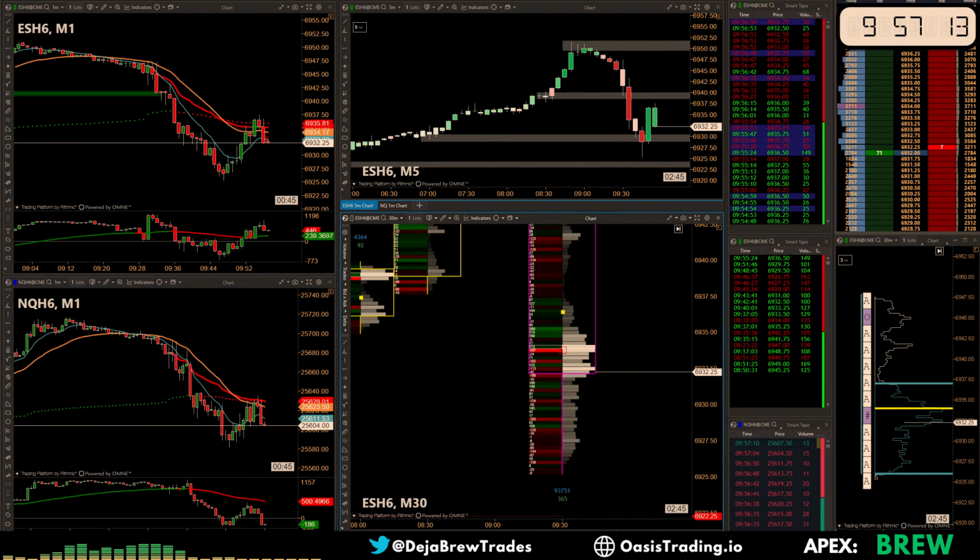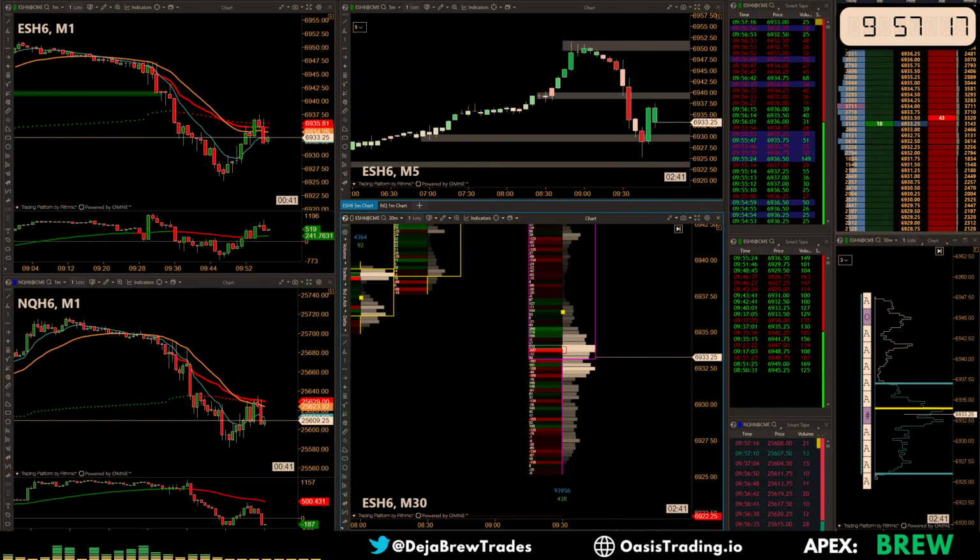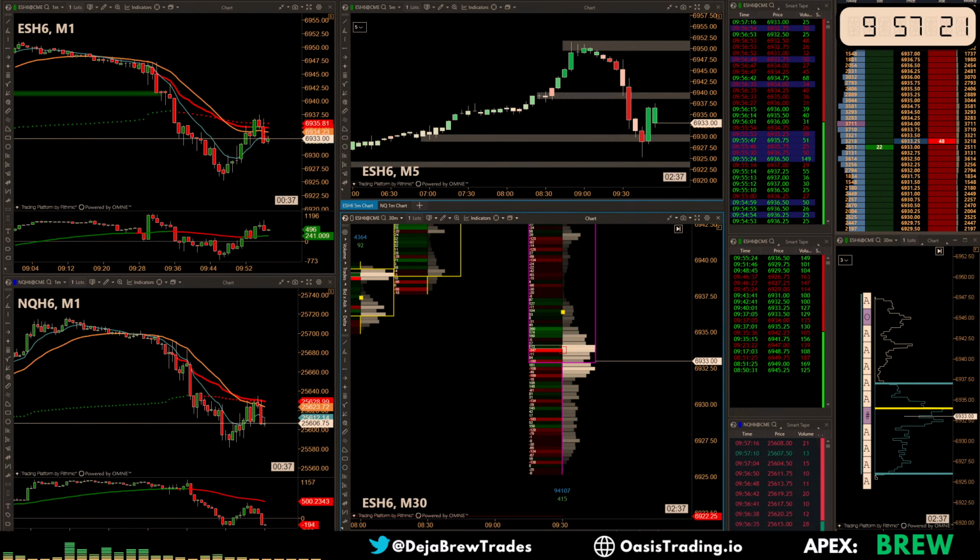Still not finding any buyers above that VWAP, so this could be a very small bear flag into VWAP. Possibly retesting that low.